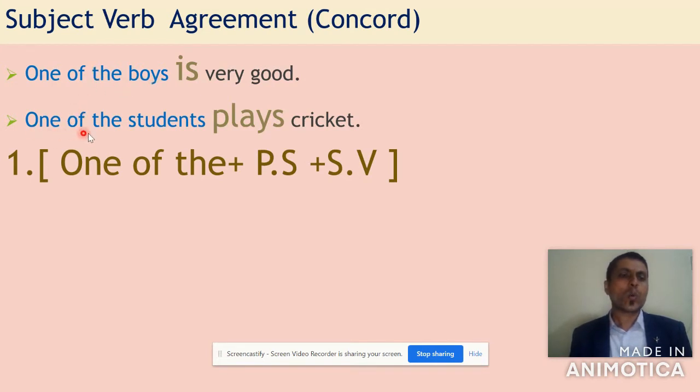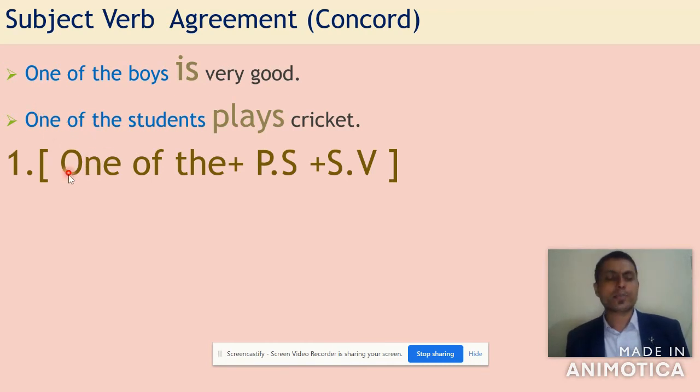Here, "one of the students," not all the students, but out of all the students, any one student. So "one" is a singular subject here, and here also "one" is a singular subject. Don't look at the students, look at "one." Out of many students, out of many boys, only one is the subject.